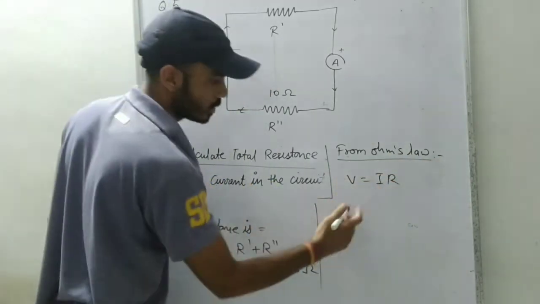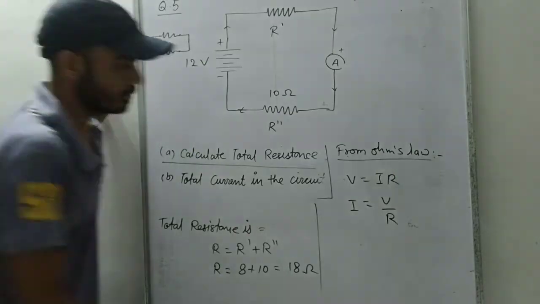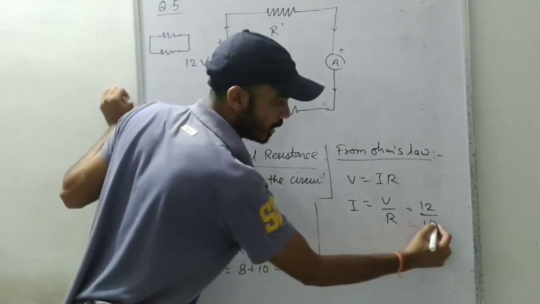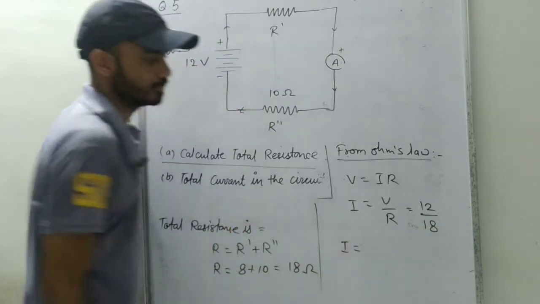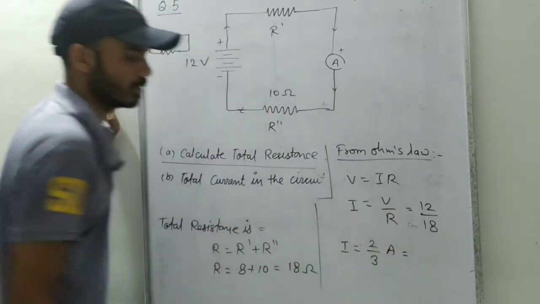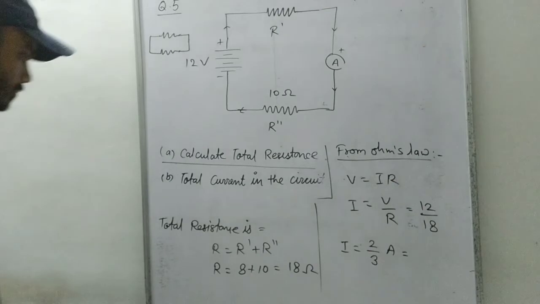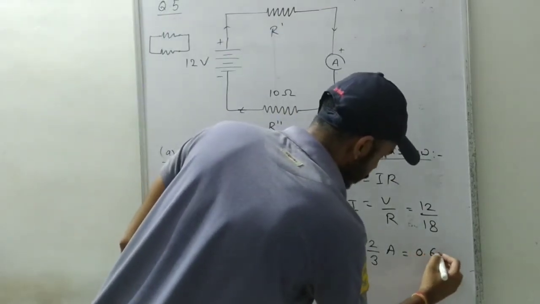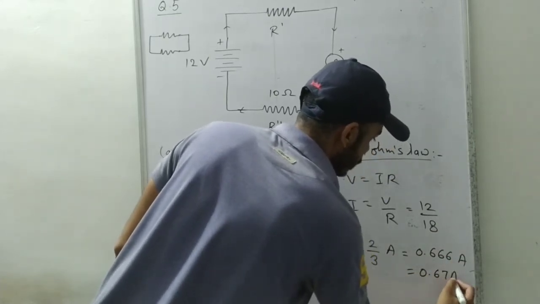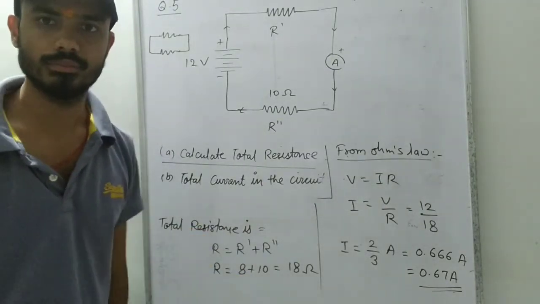Okay, here we have to calculate I, so I is equal to V upon R, and V is given as 12, and R we have calculated as 18, so I is equal to 2 by 3 ampere. Or further, if we divide 2 by 3, then we can write 0.666 ampere, and 0.67 ampere in round off value. Okay, I hope it is clear.